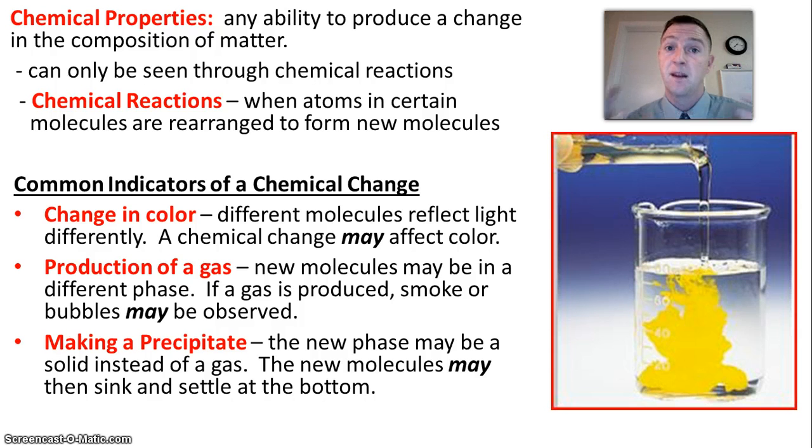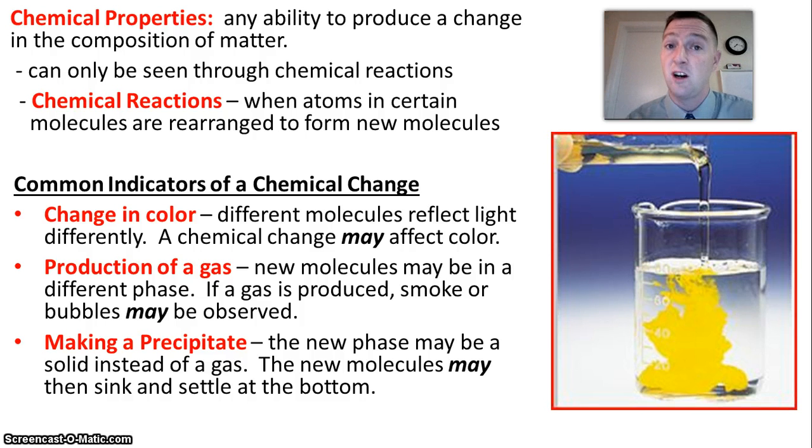Well, molecules are going to reflect light differently based on what atoms are in that molecule and the chemical bonds holding those atoms together. Certain chemical bonds absorb light, certain chemical bonds reflect light, and if I'm getting a change in color, something's going on there. Does it absolutely mean it's a chemical change? Not always, okay? But it's a very good clue that something's going on.